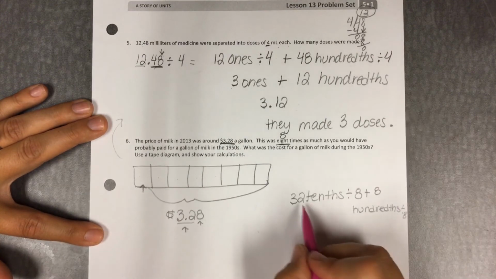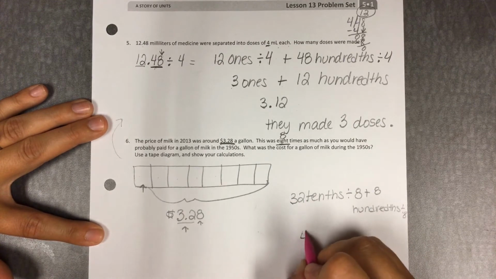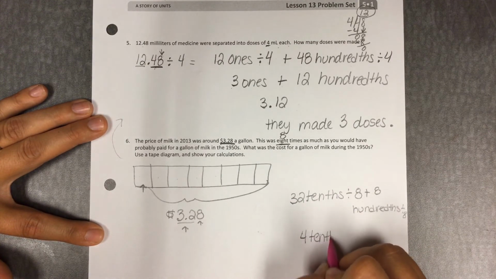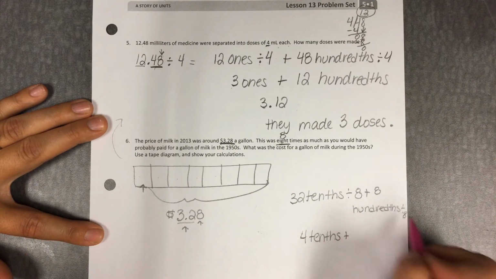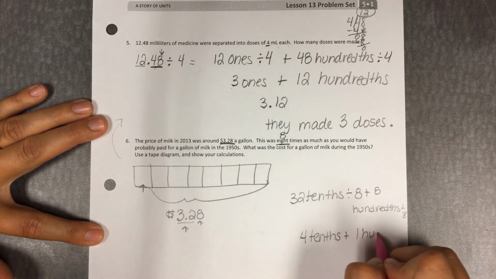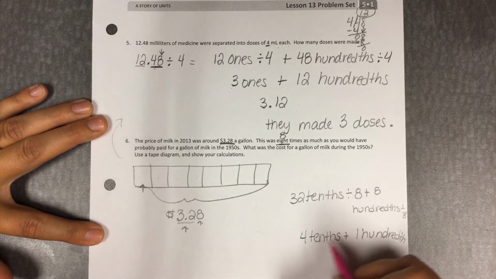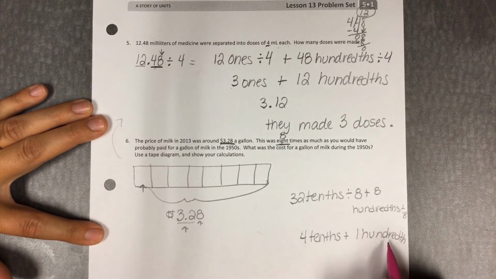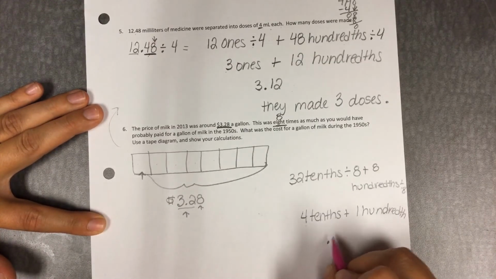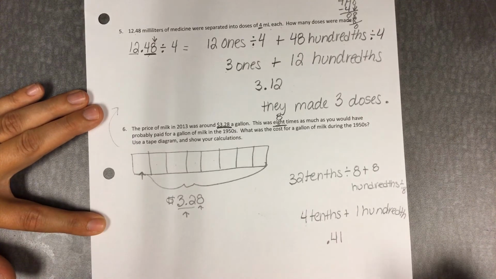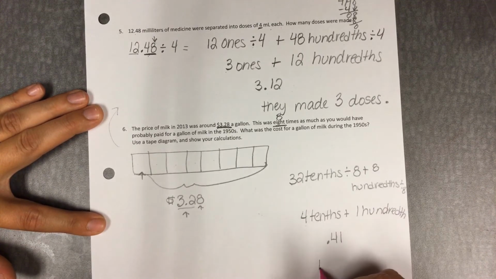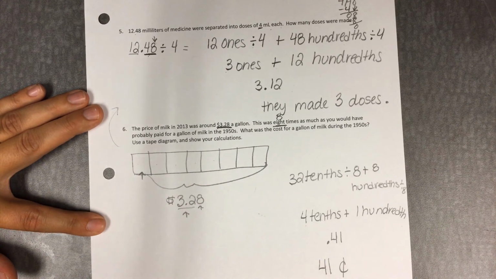Okay, so now I can do 32 tenths divided by 8, that's going to be 4 tenths, plus 8 hundredths divided by 8 is going to give me 1 hundredth. And if I add these together, 4 tenths and 1 hundredth, to write that in decimal form, it would be 41 hundredths, or actually 41 cents. So they're saying that a gallon of milk during the 1950s would only be 41 cents.